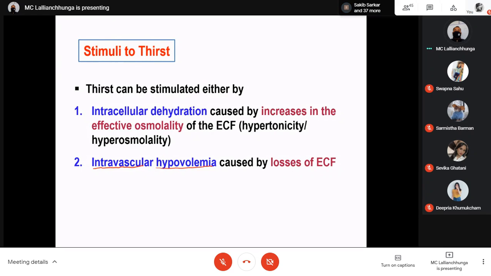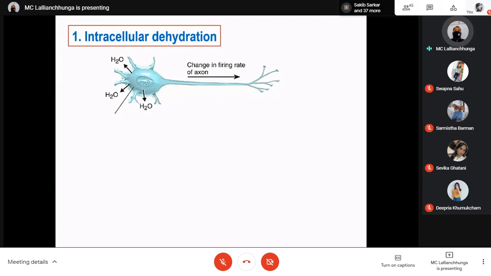So let's see what intracellular dehydration is. I told you that intracellular dehydration means an increase in osmotically active substance in the extracellular fluid, that means hypertonicity or hyperosmolarity. The reason you already know: this is because of an increase in the solute concentration, osmotically active substance.